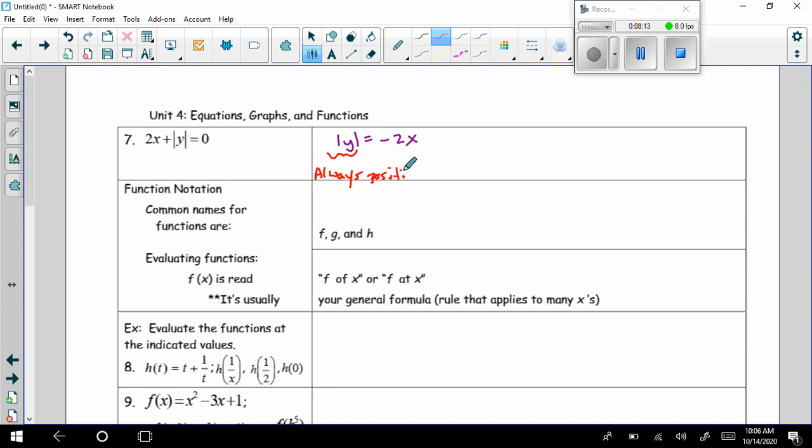It's a distance. So because we're talking about this always being positive, that means that this x value, because of this negative, in order to make that absolute value always positive, every x must be negative.